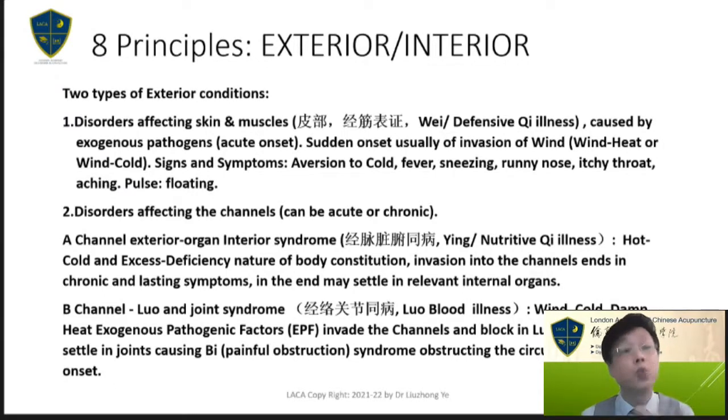But if the constitution is weak and not able to stop the progression, the illness might go deep down, travel along the channels, enter into the organs and settle there. Then it can become a very severe, critical condition. Or it could stop at the lower connecting channels or joints and develop into arthritis.